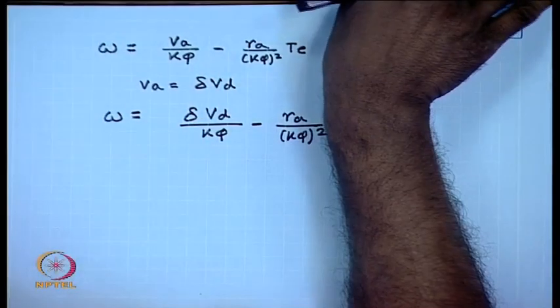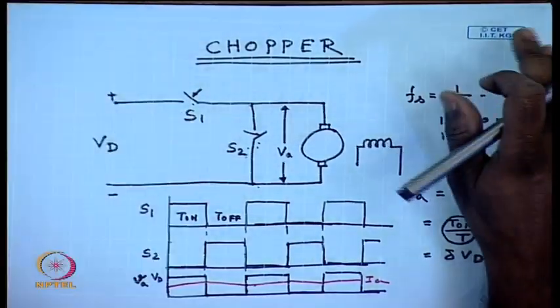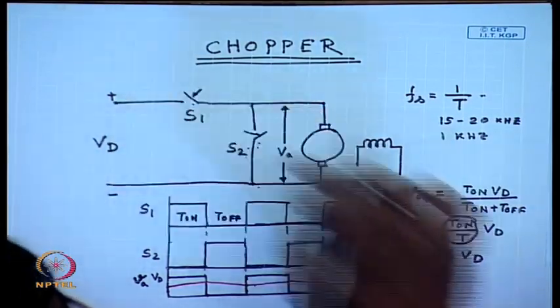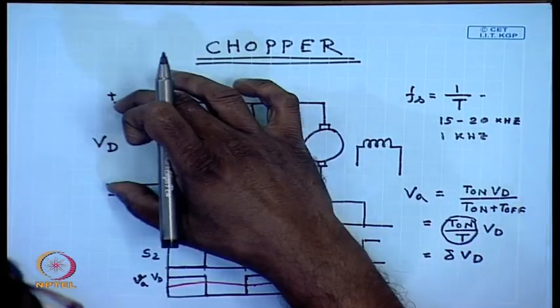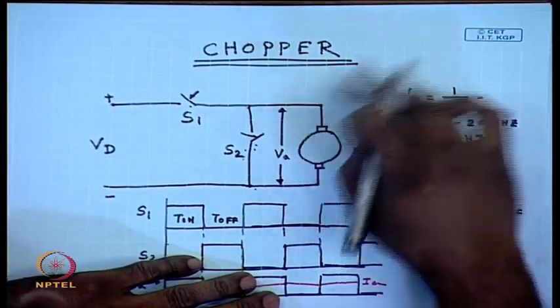Now, let us say the DC machine is rated such that when delta equal to 1, that is the full voltage V D is applied across its terminal, the DC machine operates at its rated no load speed.